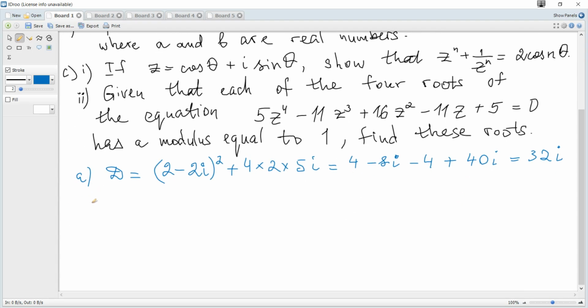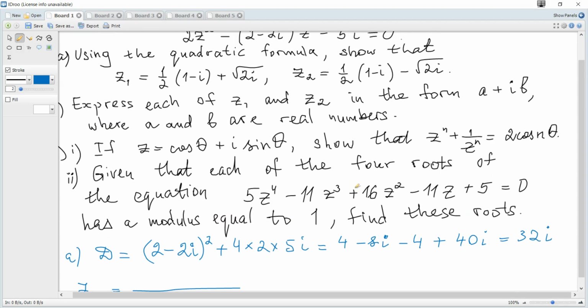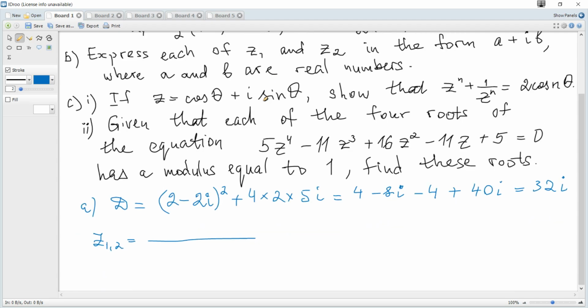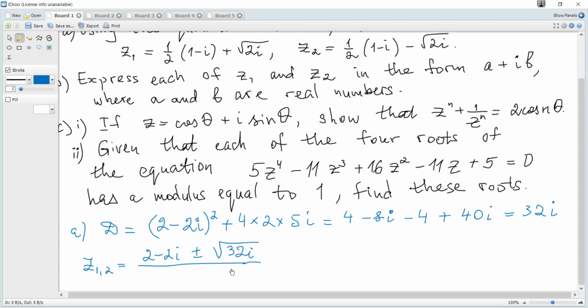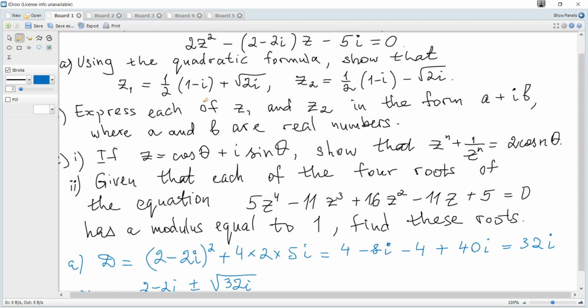And then the roots are negative b, so it's 2 minus 2i plus minus root of d, so it's root of 32i, over 2a, so it's over 4.